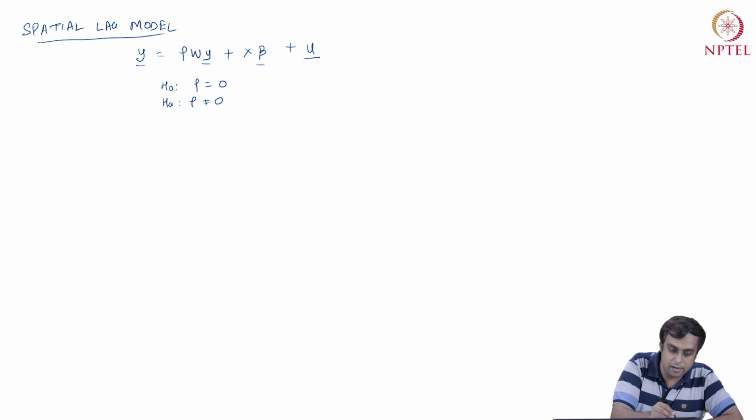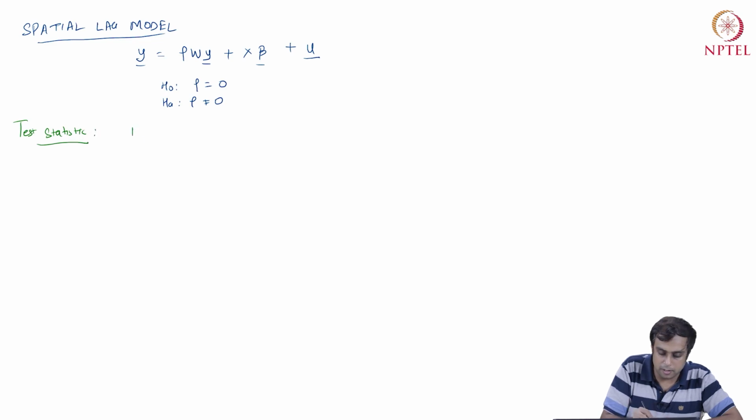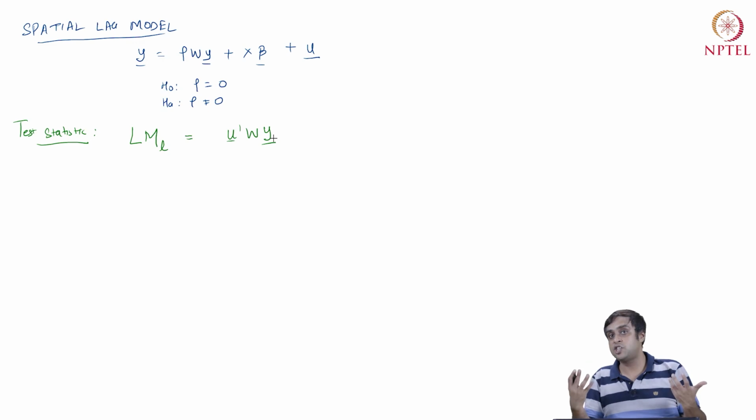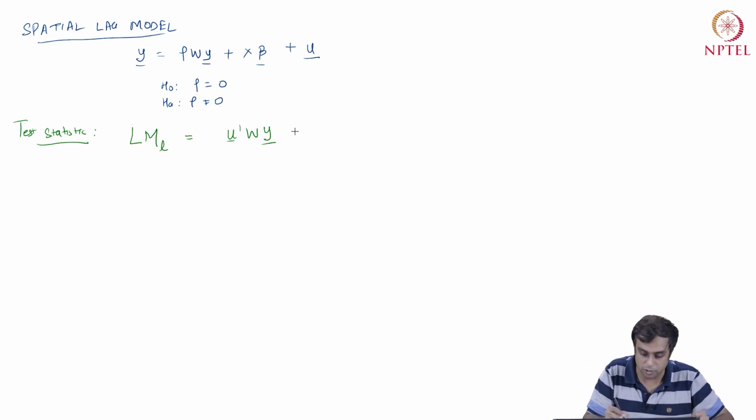Just like earlier, I'm going to define a test statistic. This time I'm going to call it LML, that is the lag. This is going to be U prime WU. Oh, not U this time, it's going to be U prime WY, because now I'm explaining the variation in the mean outcome and not in the error outcome.